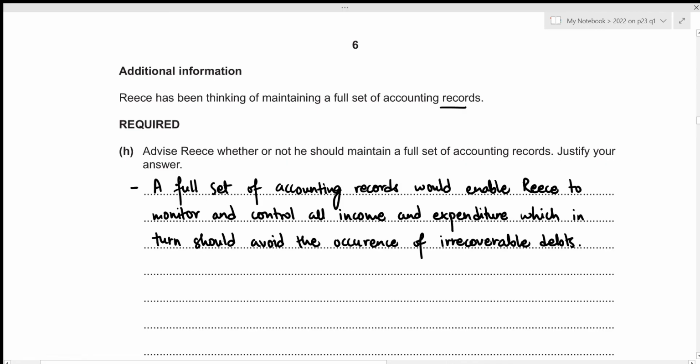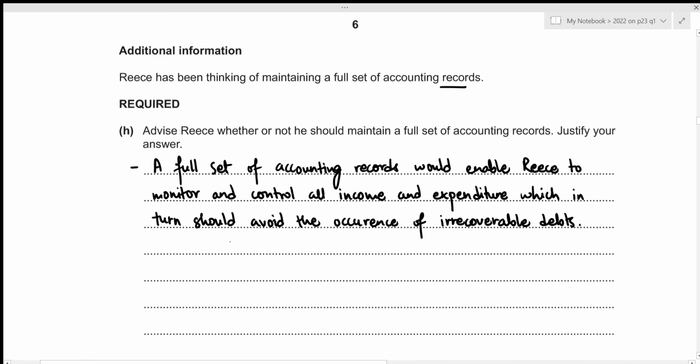But Reese may not have the necessary skills or the time to maintain a full set of accounting records, right? And if that is the case, then there might be some additional expenditure which will reduce the profit while employing skilled services. Let's write it down as well.